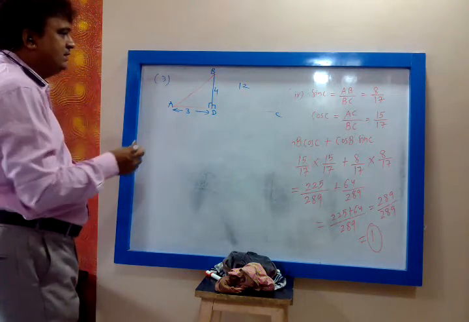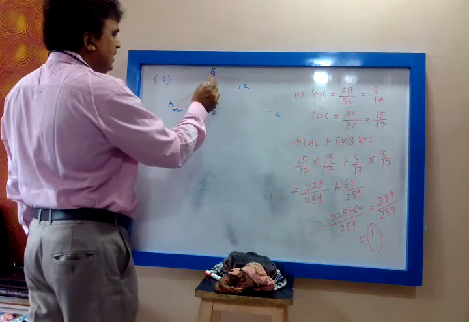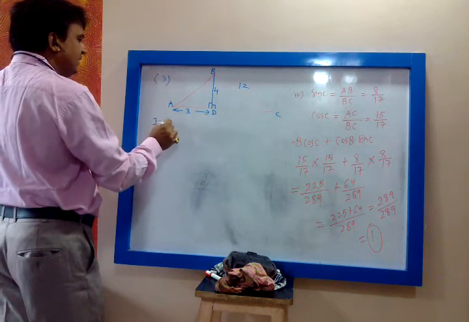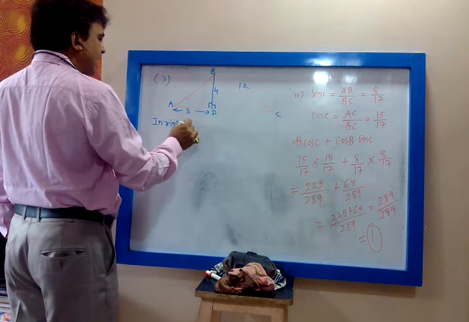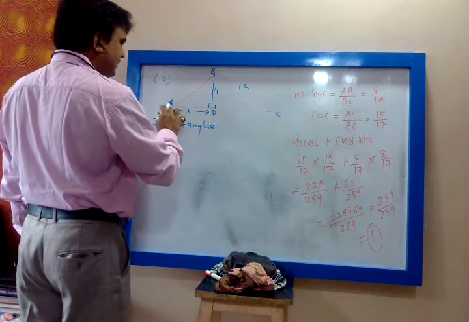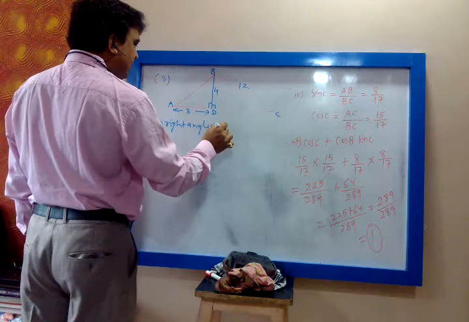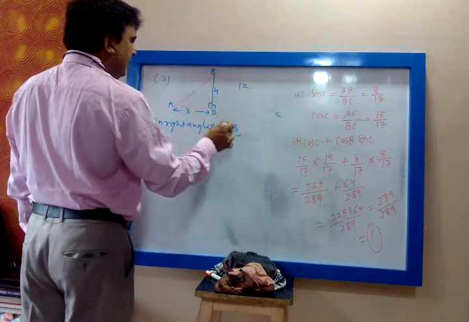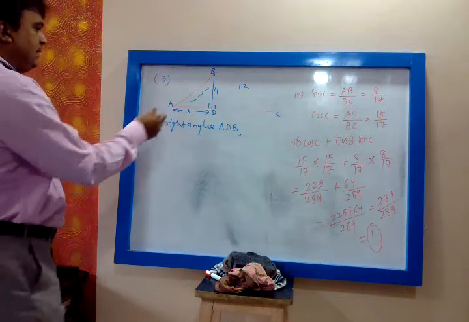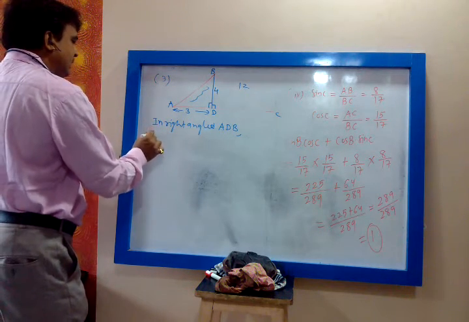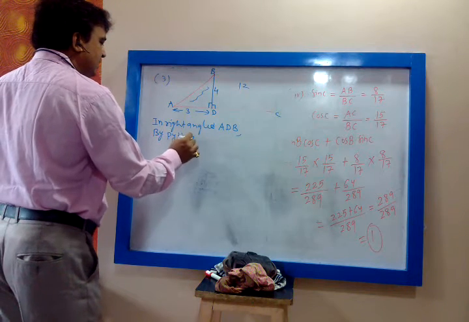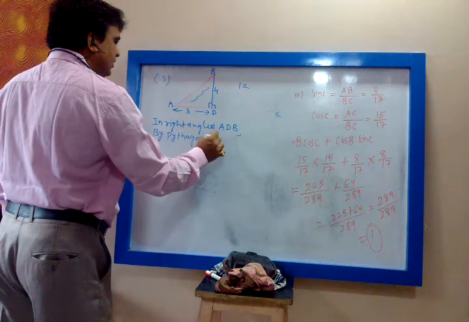Now there are two right angle triangles. Let us first consider ADB. Right angle triangle ADB means this triangle. Apply Pythagoras theorem.